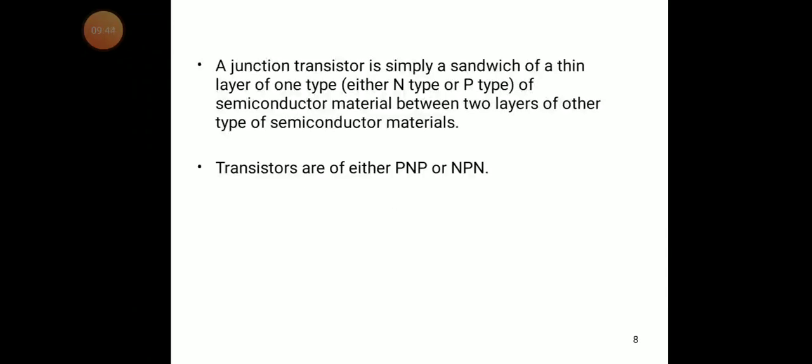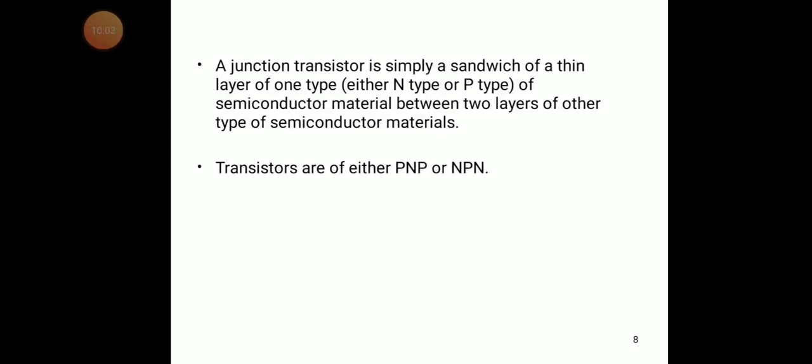So now we can see a junction transistor is simply a sandwich of a thin layer of one type of semiconductor material between two layers of other type of semiconductor material.